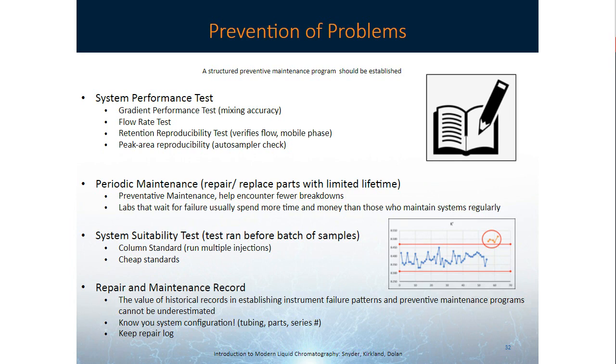I think knowing your system configuration is really important as well. Knowing what ID tubings you're using, just having a sheet with all of your part numbers can really help you troubleshoot more quickly.